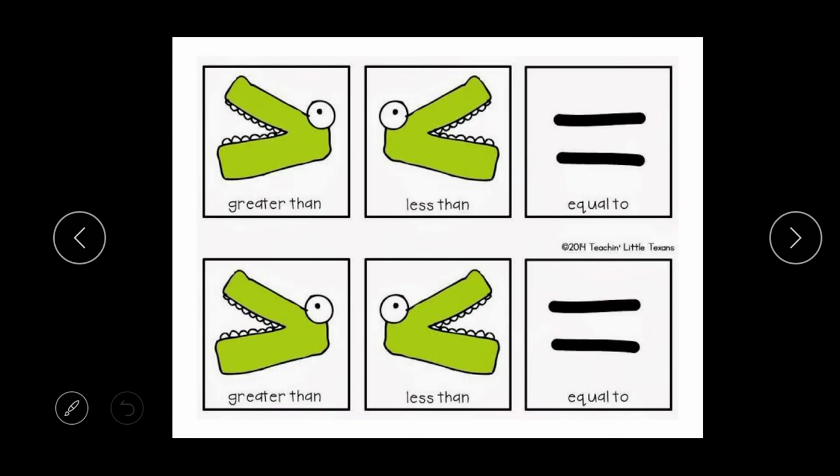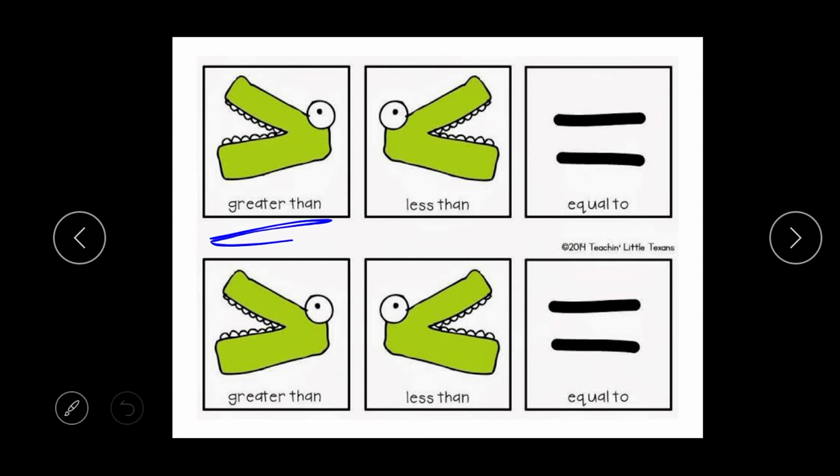Okay, so we're going to be using our alligator to explain more about the greater than and the less than sign. When the alligator is looking at the left hand side, it is the greater than sign. When the alligator is looking at the right hand side, it is called the less than sign.